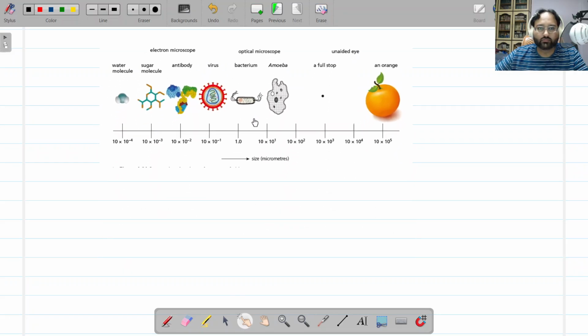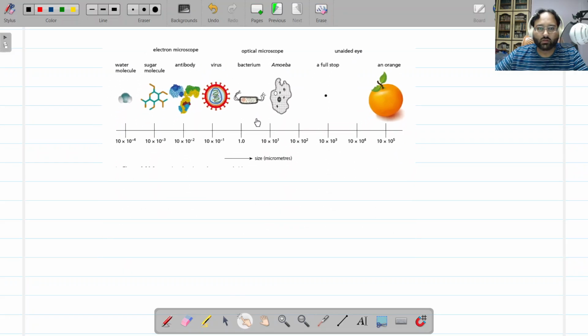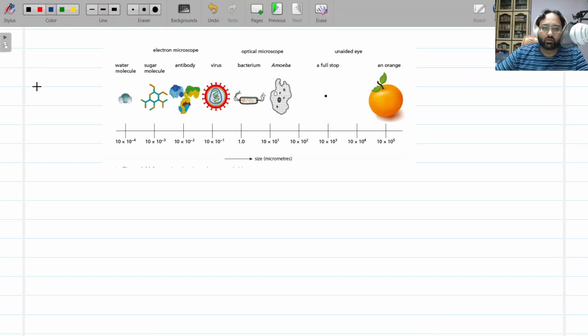To clarify, the scale bar that's given here is 1 micrometer.